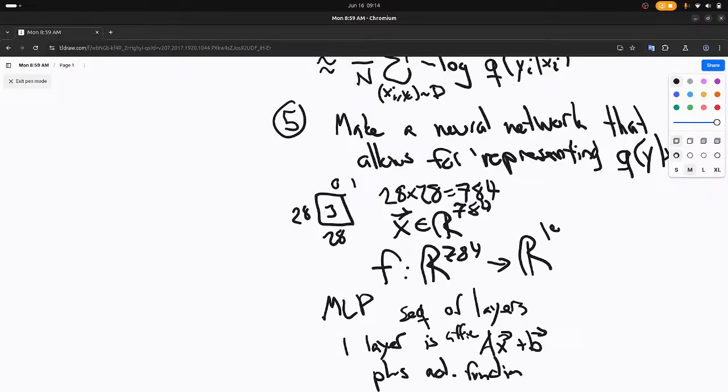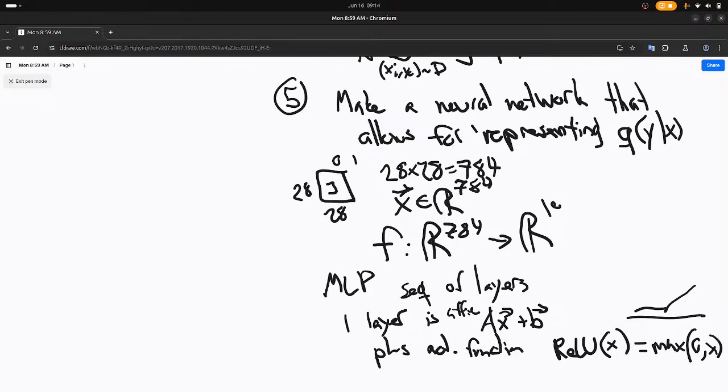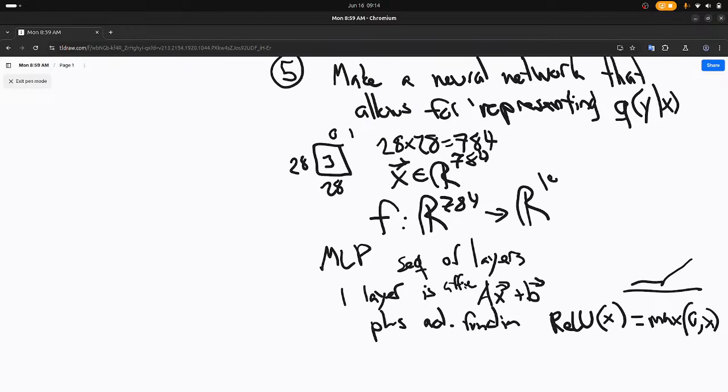An activation function could be the ReLU, which is max of 0 and x, so it looks like this. And I apply this to every entry in the output vector. I will say phi.